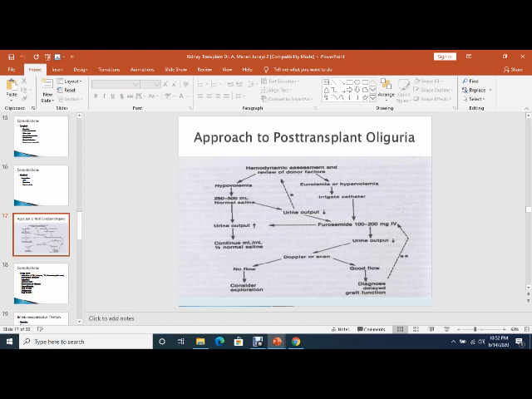If the patient is hypovolemic, give a bolus dose of normal saline 250 to 500. If urine output increases, continue to replace the normal saline according to the urine output, ml to ml. If no flow, consider exploration.